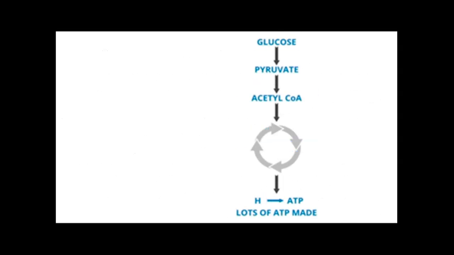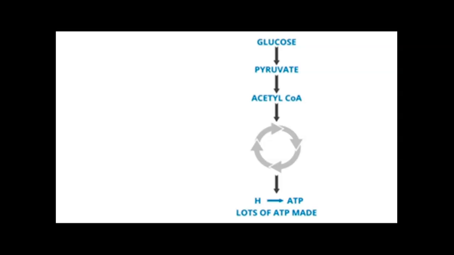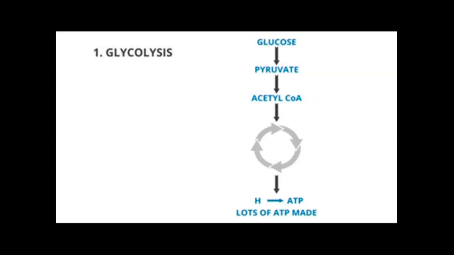Alright, next I'd like you to draw the following diagram. As you're drawing this, is anything looking familiar to you? Previously, we said that glycolysis meant taking glucose and breaking it down to pyruvate. Right, so let's label this first part glycolysis. Next, we said that the intermediate step was going to take the pyruvate and turn it into acetyl-CoA. So let's label the next part intermediate step.